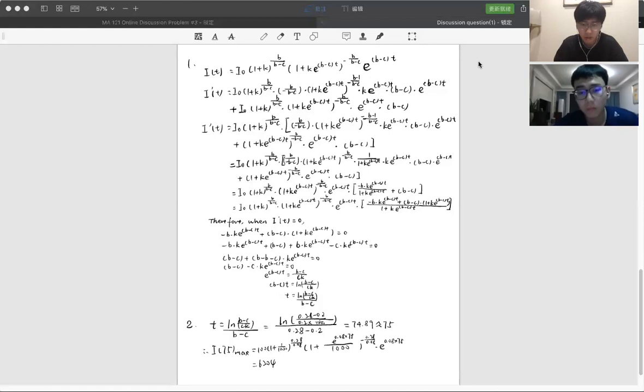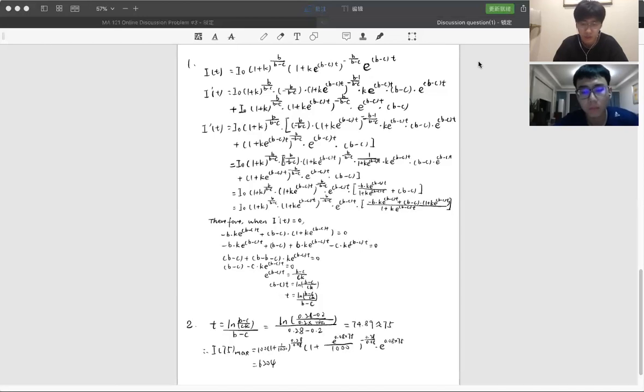Finally, after calculation, we get 74.98, which is closest to 75 days. And this number of 75 days gives us when the maximum number of infected people is reached.